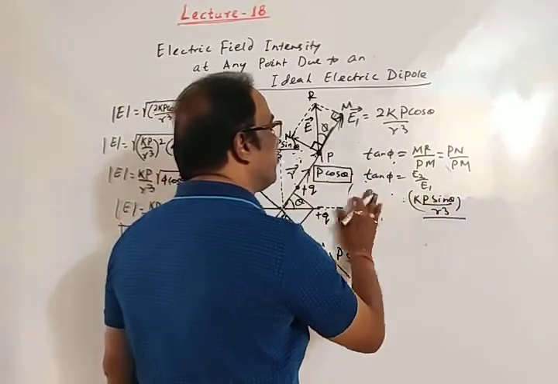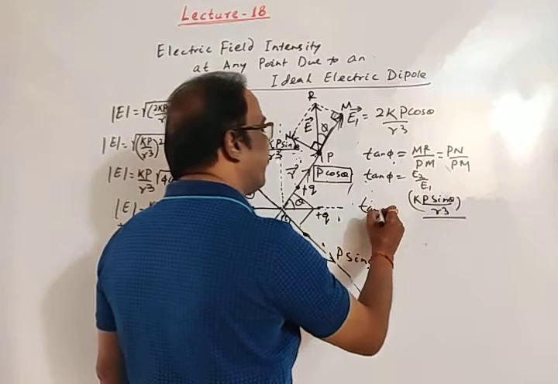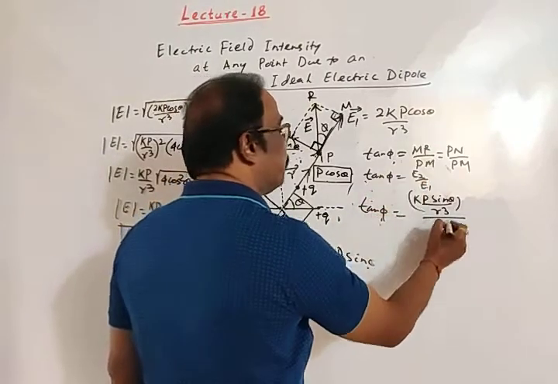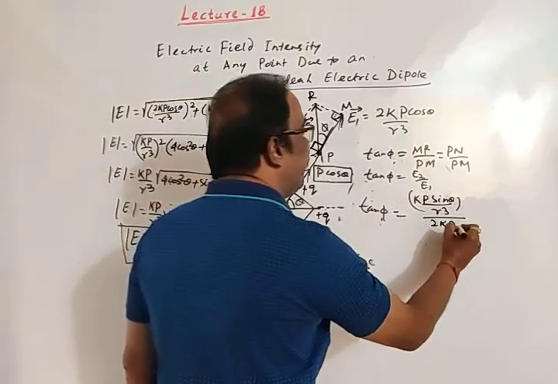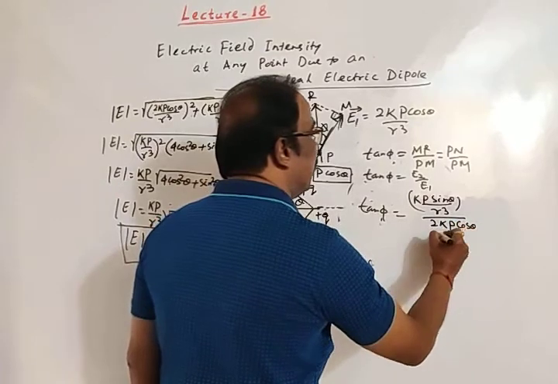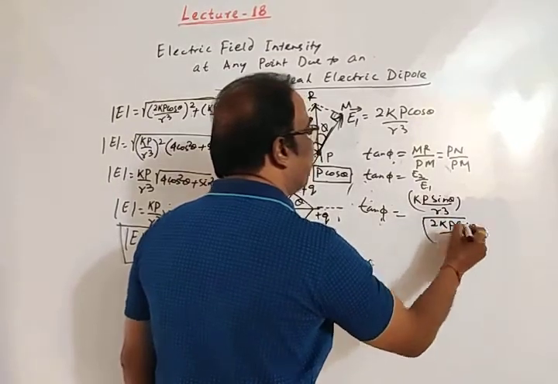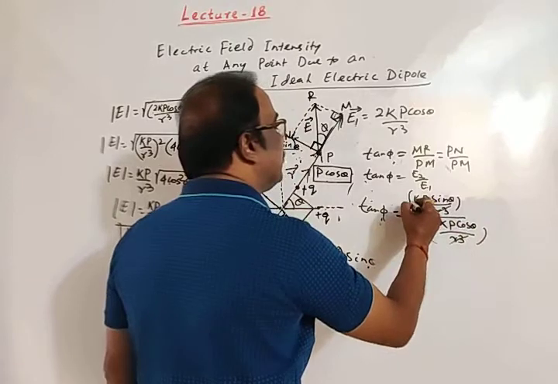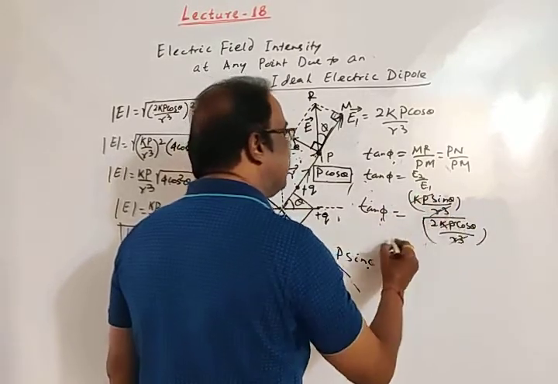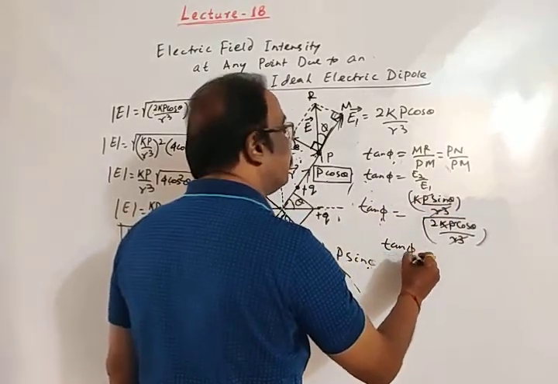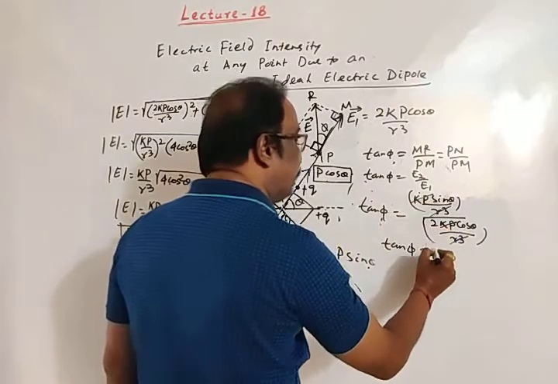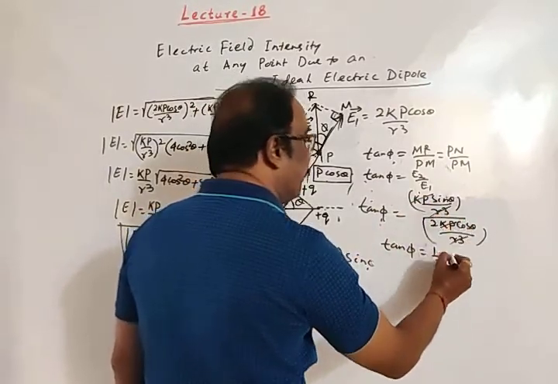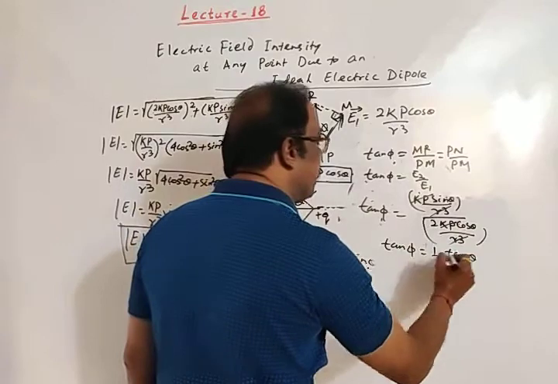E1 is 2 Kp cos theta divided by RQ. RQ by RQ gets cancelled, Kp gets cancelled. Then tan phi is 1 by 2 sin theta by cos theta, which is tan theta.